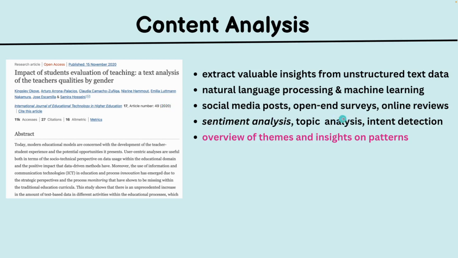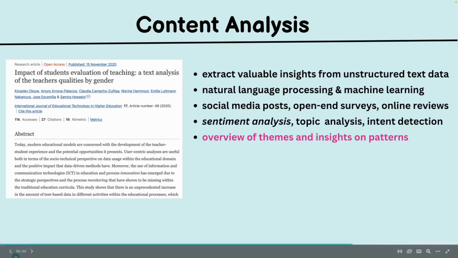We can gather that information and analyze it, and it allows us to determine sentiments, which is then called sentiment analysis. Or we can see what topics are bubbling up as being important, or even try to detect intent in the text passages. It gives an overview of themes and insight into patterns.